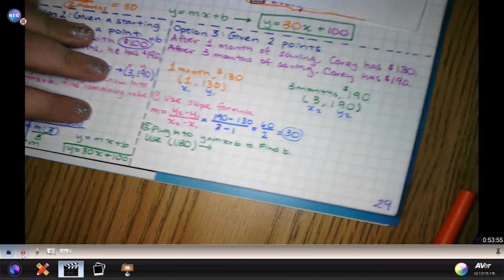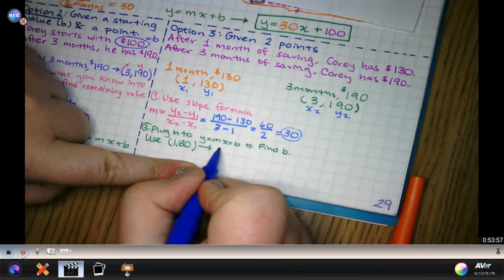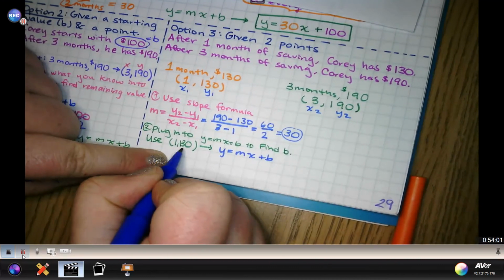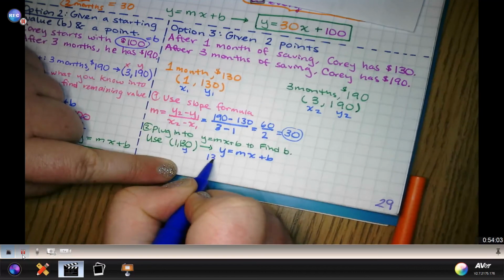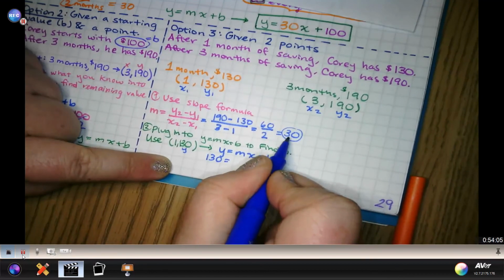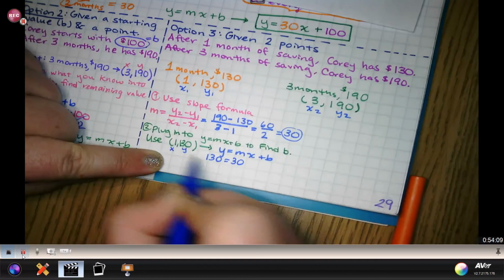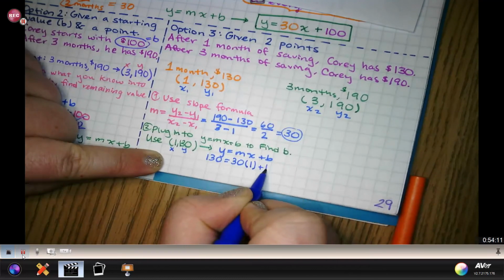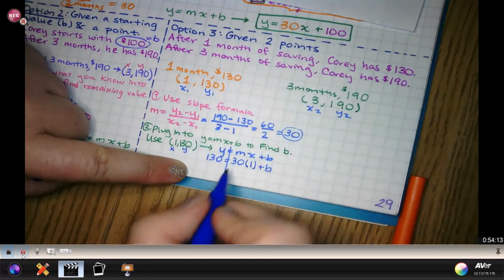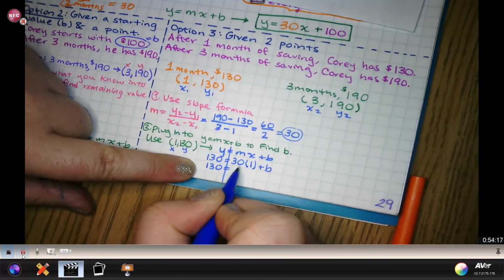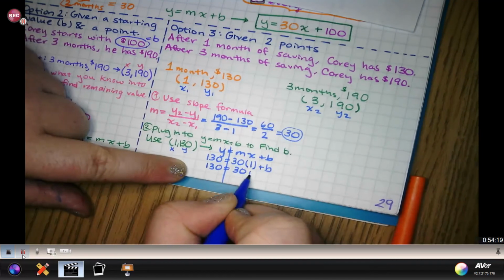So I have y equals mx plus b. My y value is 130. My m value is 30. My x value is 1, plus b. Okay, and I can do 30 times 1. That's 130 equals 30 plus b.